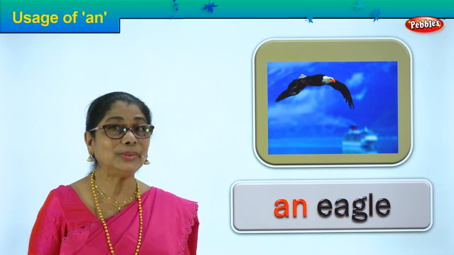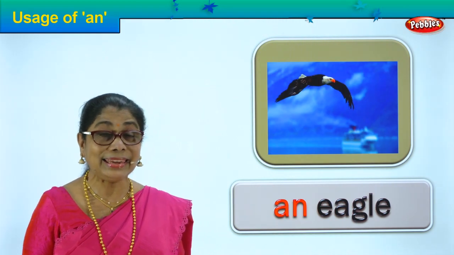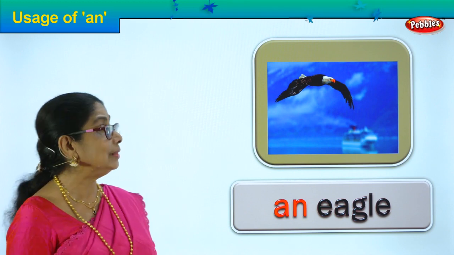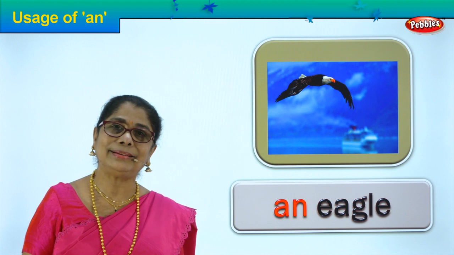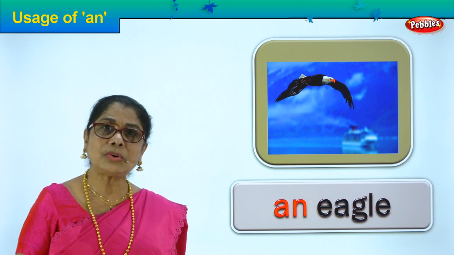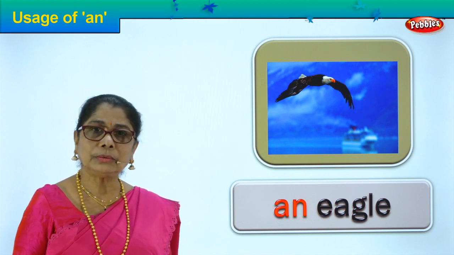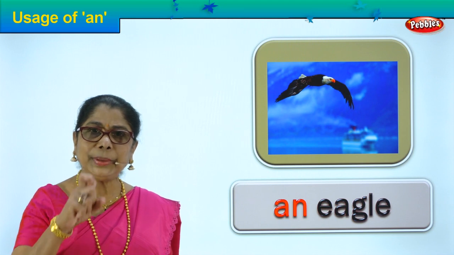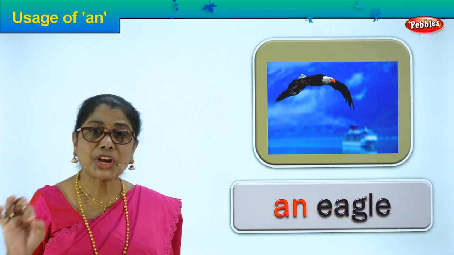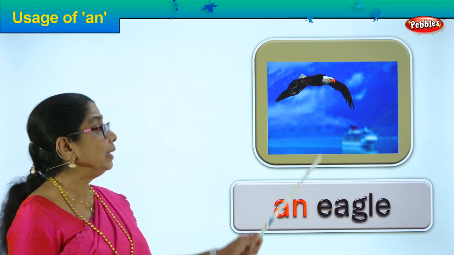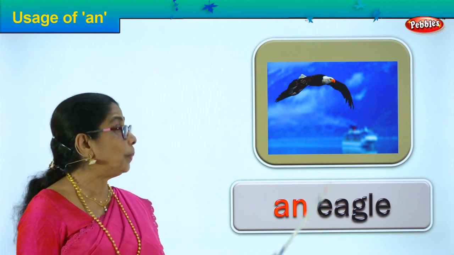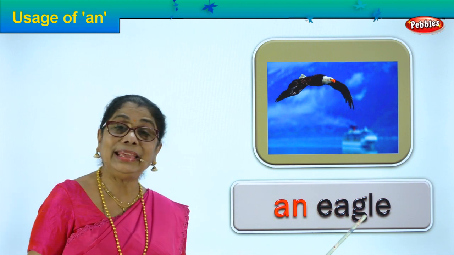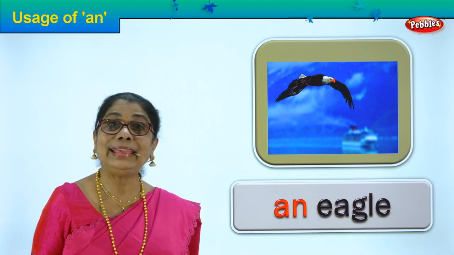We are learning now the usage of an before certain words. Look at this. Who flies high in the sky? An eagle. It's got sharp beak and very sharp eyes. High up, you can see down what is happening. Okay, now spell eagle. E-A-G-L-E, eagle.